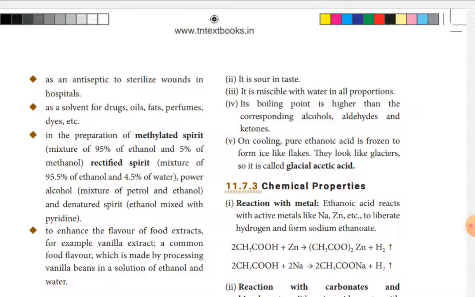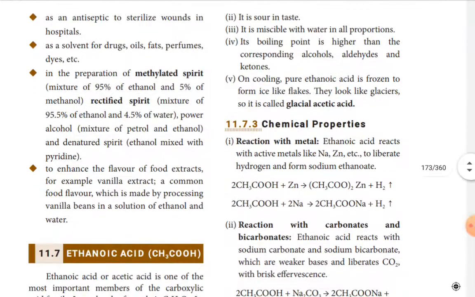Then this is highly soluble in water in all proportions, and the boiling point is higher than the corresponding aldehyde and ketone. And on cooling, pure ethanoic acid is frozen to form ice-like flakes, and this is called glacial acetic acid.